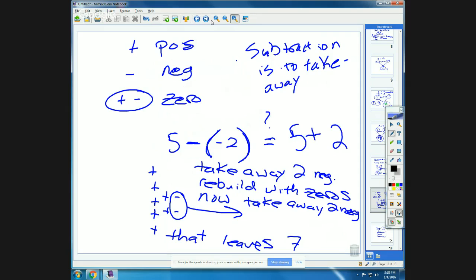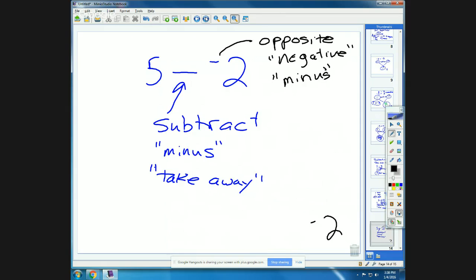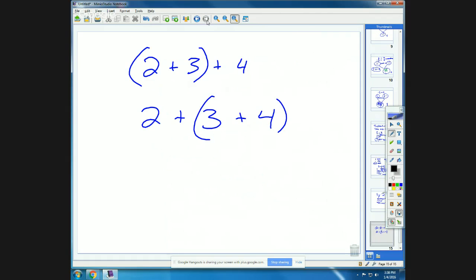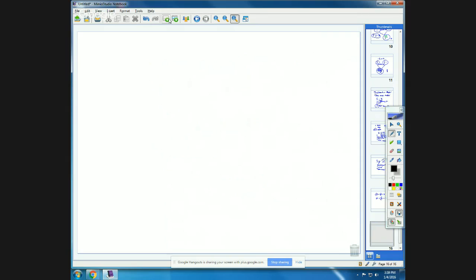Let's do one more subtraction. All right, so I want you to try and write this down. How about -3 minus 2? So I would like you to model that with charged particles.